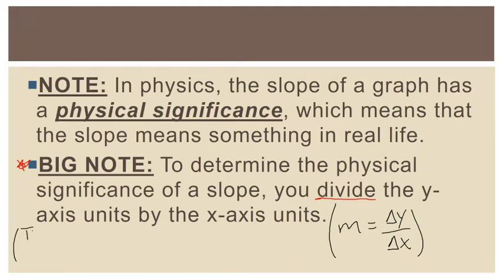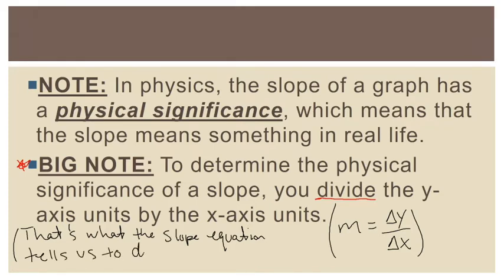So I'm going to write over here, slope equation. That's what the slope equation tells us to do. And so that should make a lot of sense. If we want to find out what the slope means, we just apply the slope equation and divide the variables. We can also divide their units. That's the idea.